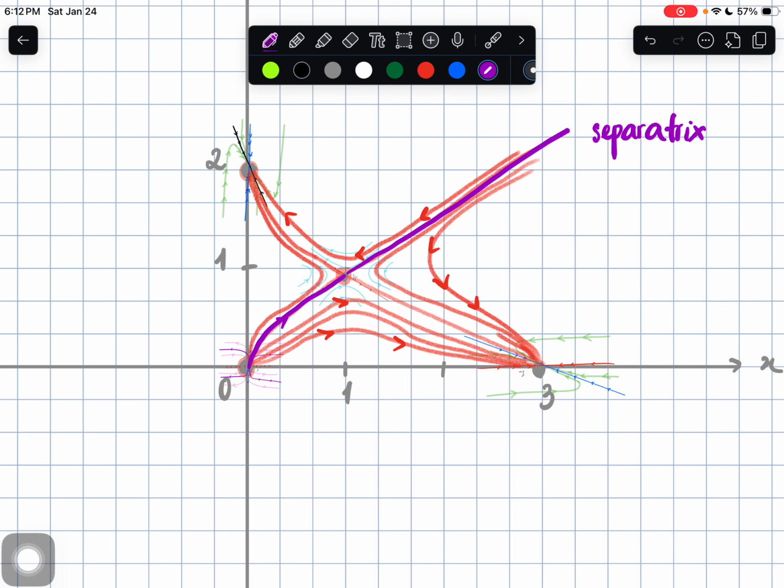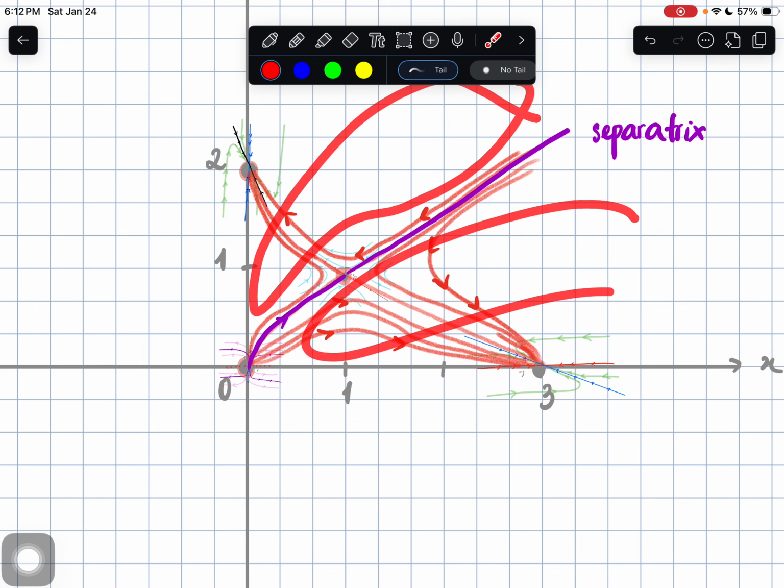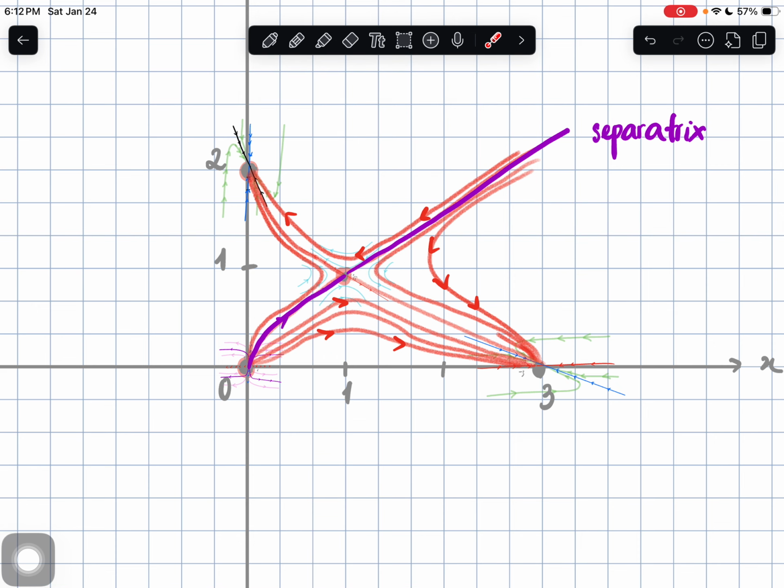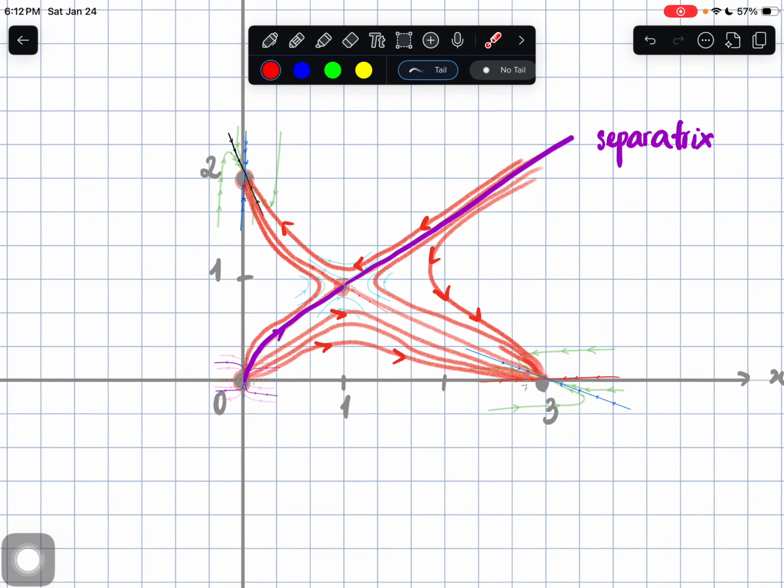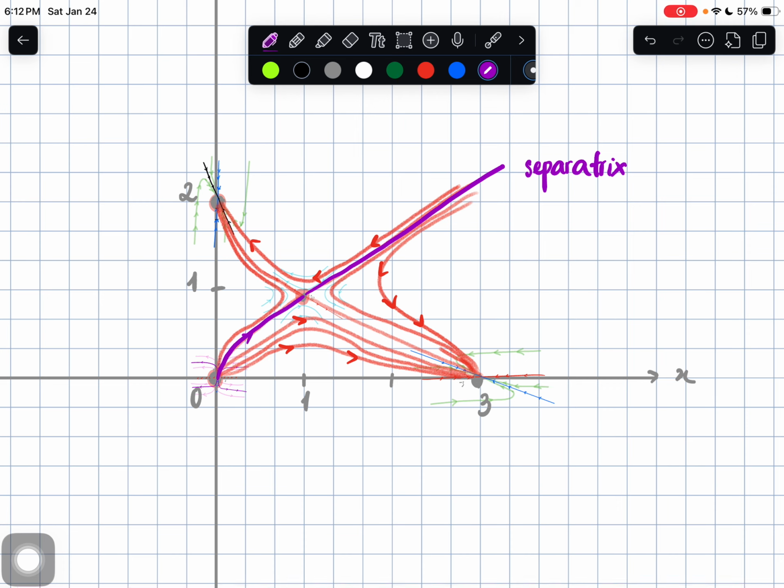So the separatrix separates the region above and the region below. Let me call this region 2, and this is region 1, the yellow region. If we start somewhere in the region below the separatrix, over time it will bring us to here.